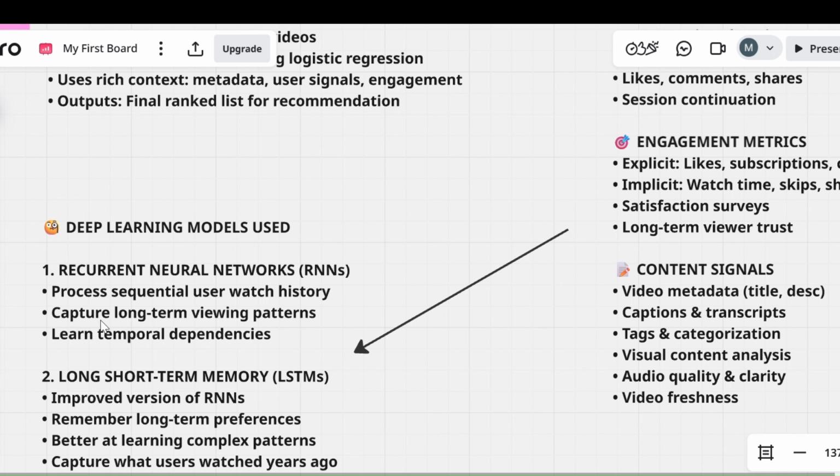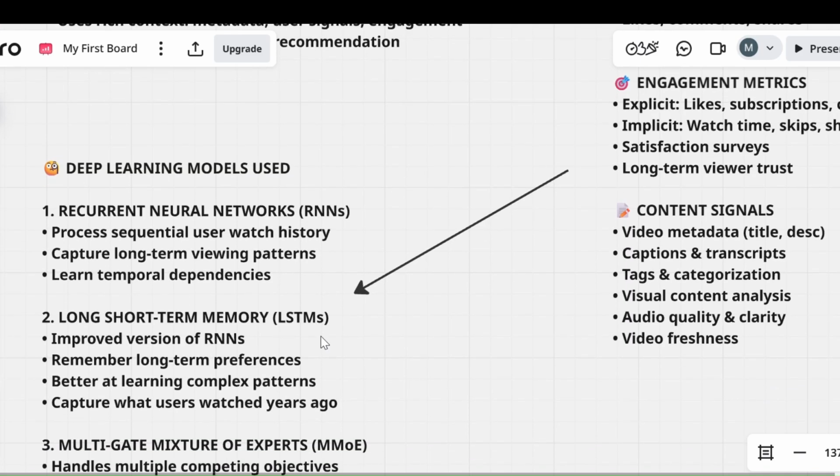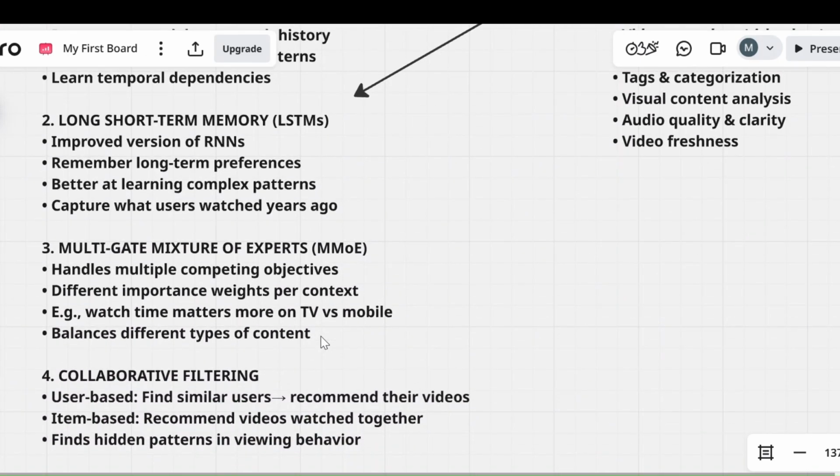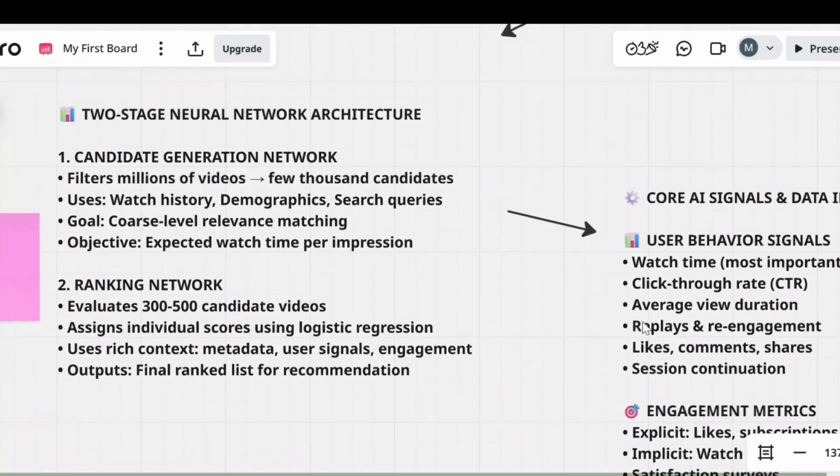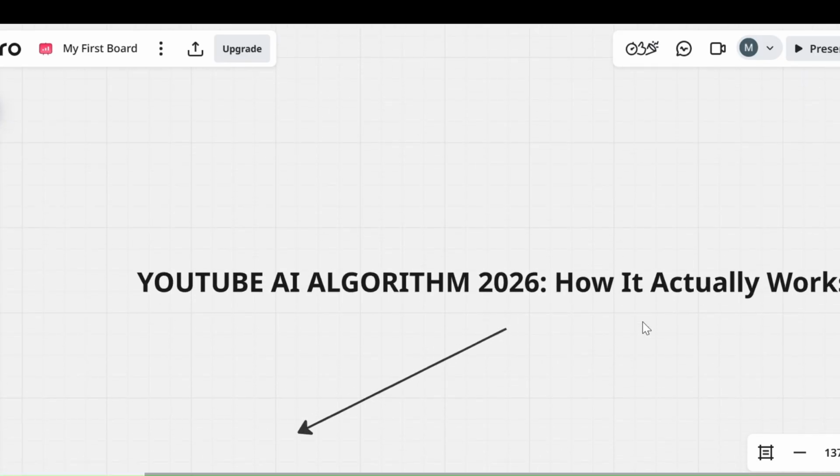They memorize your video and your video topic, and set which audience to show your video to. If your old channel already has an audience for your videos, that is short-term memory, because it improves our Shorts views and our normal audience views, and helps more impression reach. And mixture of experts gives different importance weights to your video length and other things. This is always how the YouTube AI algorithm works. I have explained it to you in detail.